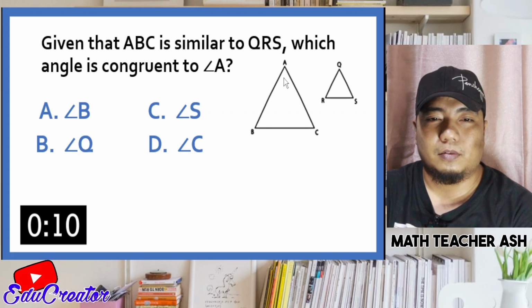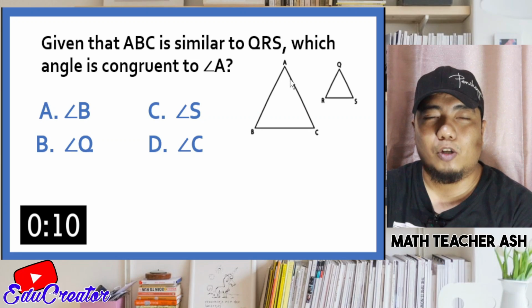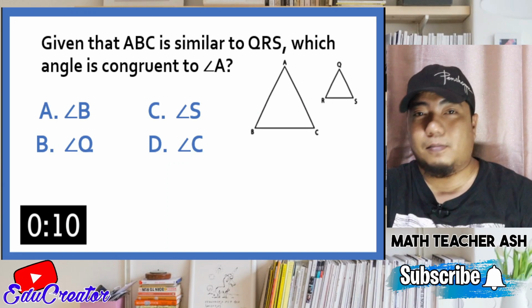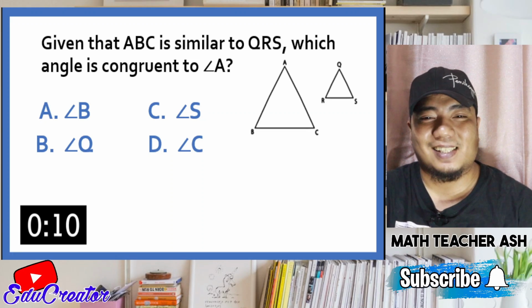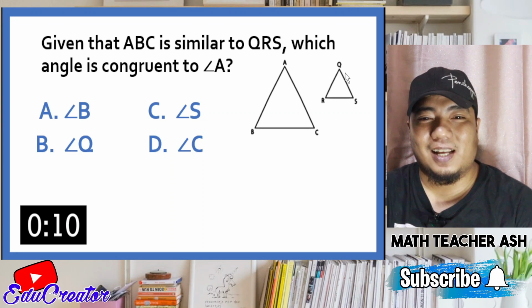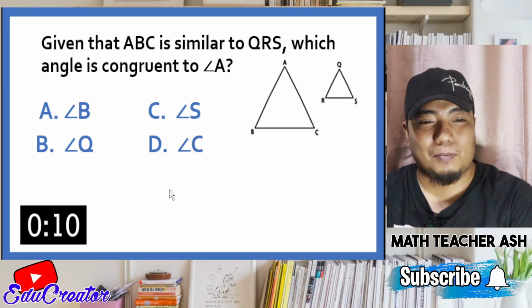Okay, here it is, our angle A. It is at the top. So in naming the corresponding angle, it is the top of the next triangle. So this is angle Q. Our answer is letter B.